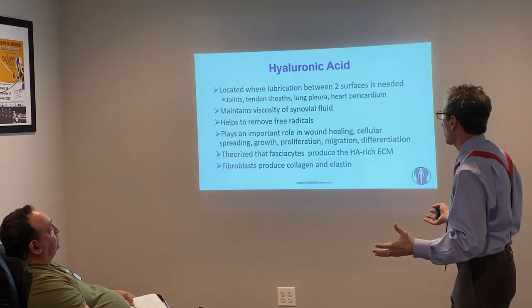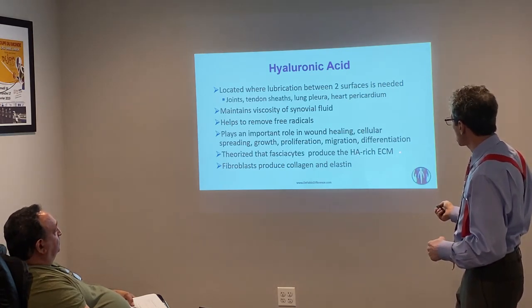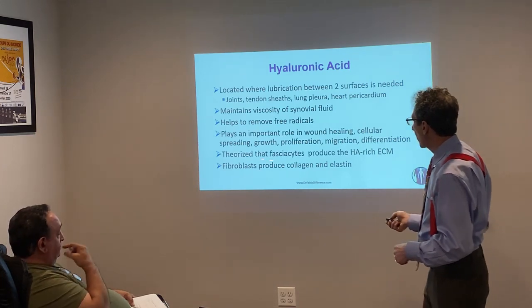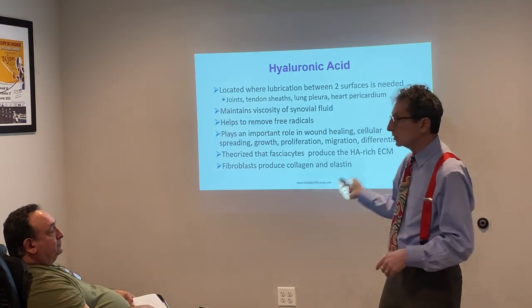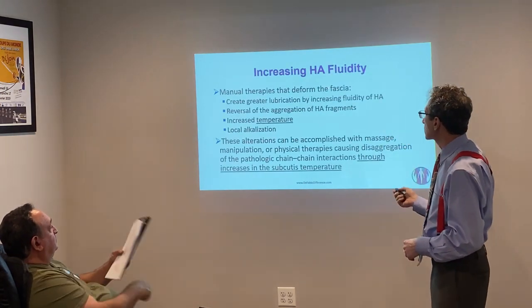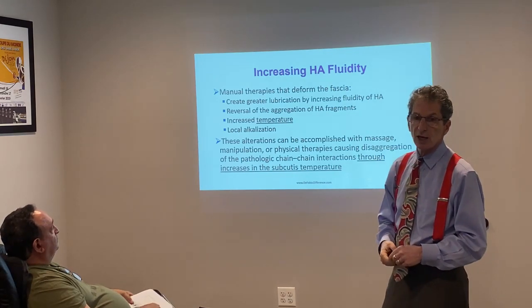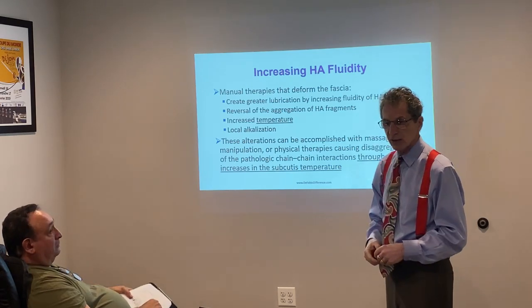That's the bottom line. When we talk about fasciocytes, we believe they make the hyaluronan-rich extracellular matrix, but the fibroblasts give us collagen and elastin. The course next month is going to go into depth about that article. What we're going to talk about today is how to improve HA fluidity, which means manual therapies that form the fascia.